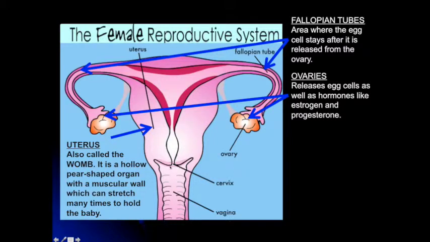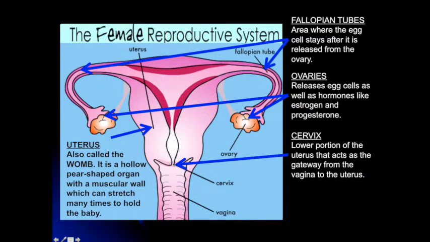Over here, we have the opening to the uterus, which we call the cervix. So this is what separates the uterus from the vagina. Now, when you're pregnant, there will be a mucus plug over here to protect the baby inside.